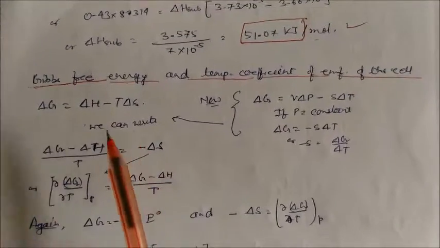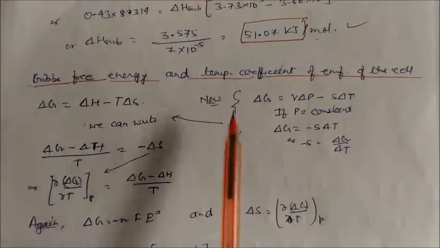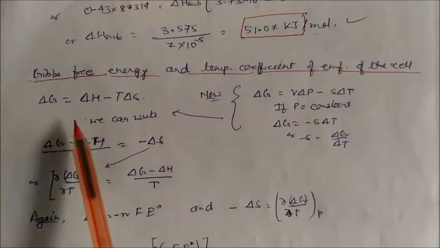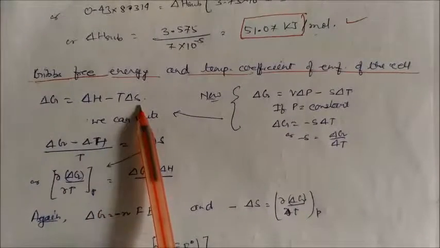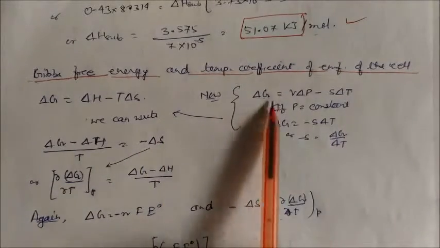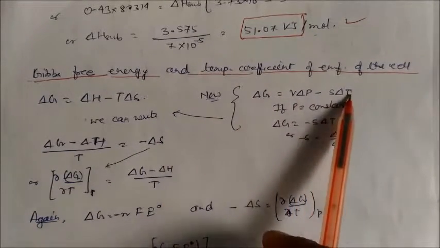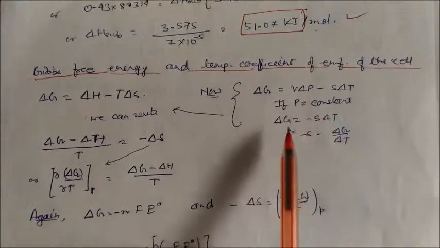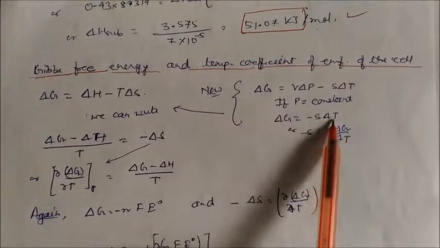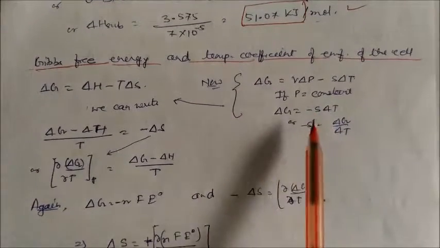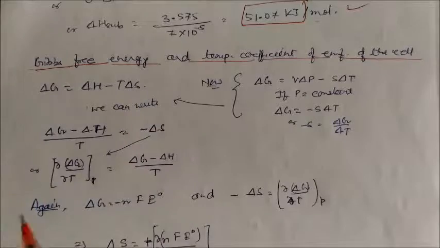Now we will see Gibbs energy and the temperature coefficient of EMF of the cell. We know this relationship, delta G is equal to delta H minus T delta S. And we have derived earlier that dG is equal to V dP minus S dT. During an isothermal process, if you keep the pressure constant, then dG is equal to minus S dT, or minus S is equal to delta G by delta T. So we have to use this concept and put this value over here.